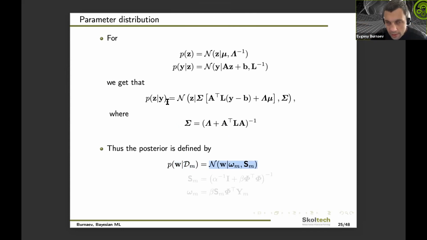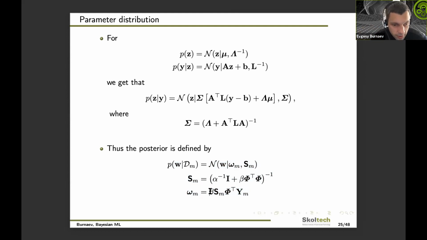Using these formulas here, I can calculate explicitly the mean value and the covariance matrix of the vector of parameters W. They are given by these expressions here and here. That's it. Very simple.